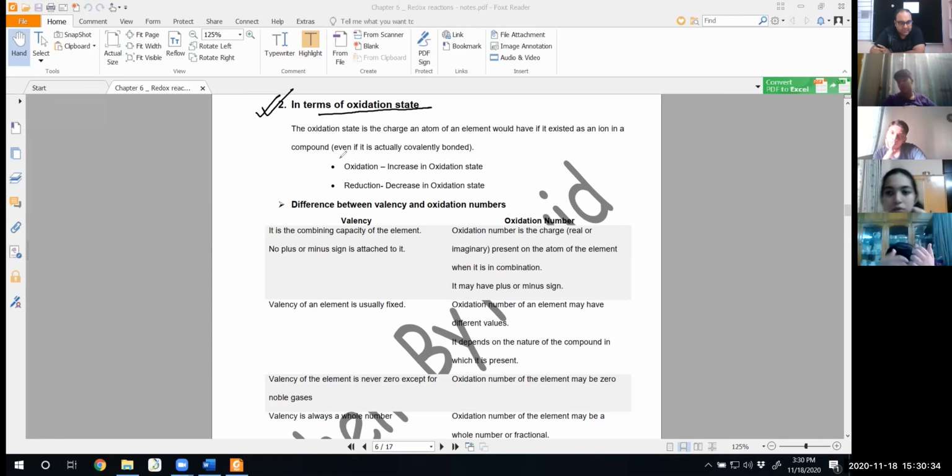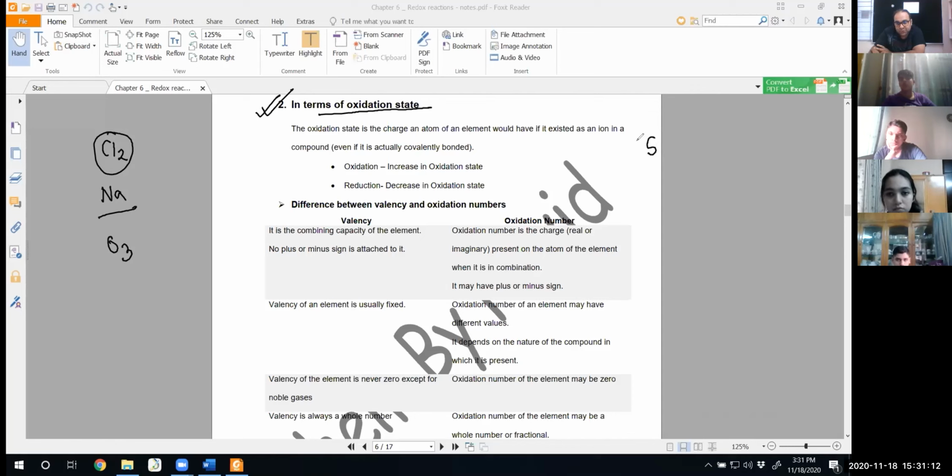Because we know that when a substance is in its element form, or when it's not combined with anything else, irrespective of the type of compound, it could be an ionic compound, it could be a covalent compound, it could be anything, irrespective of what type of compound it is, it's always going to have a charge on it.